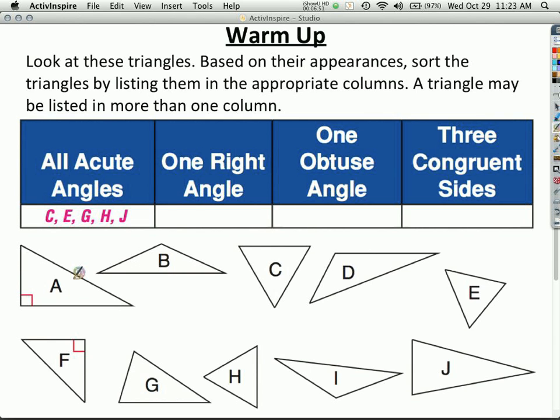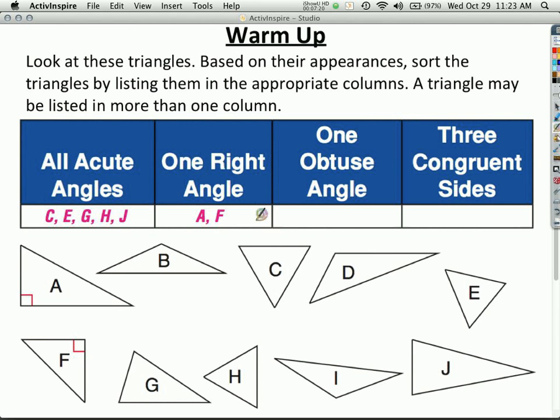Team F. Stephanie, what did your team put for 1 right angle? Did your whole team agree on that? You did? Okay. A and F. Very good. And Team A. What did you put for 1 obtuse angle?